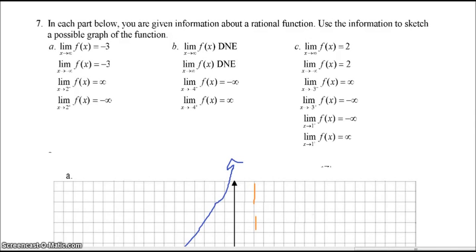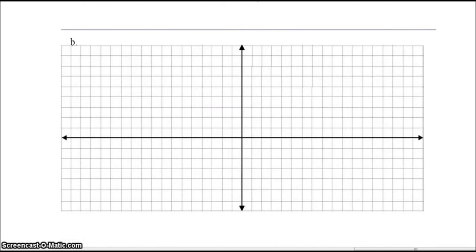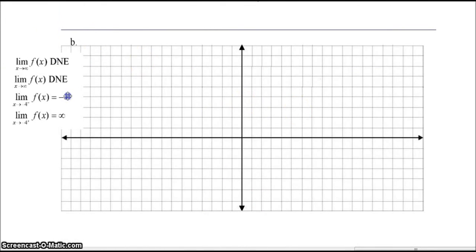And I'm just going to copy this. They say does not exist. That means we just go to infinity. Then that looks like negative 4 from the left, so I have an asymptote there.